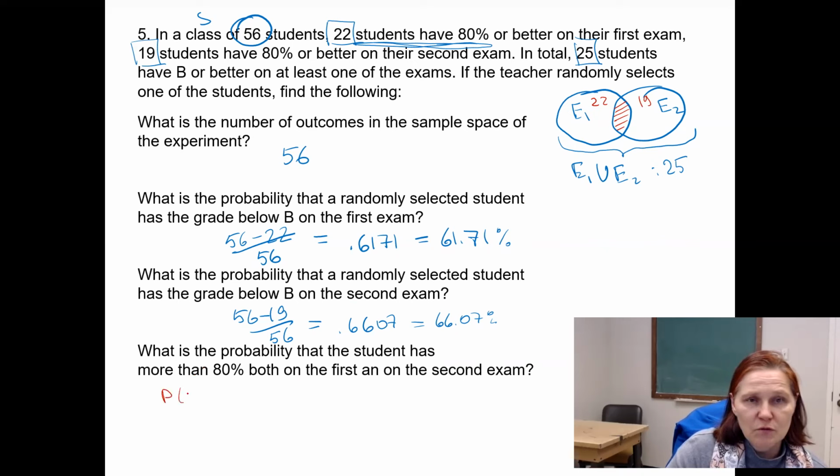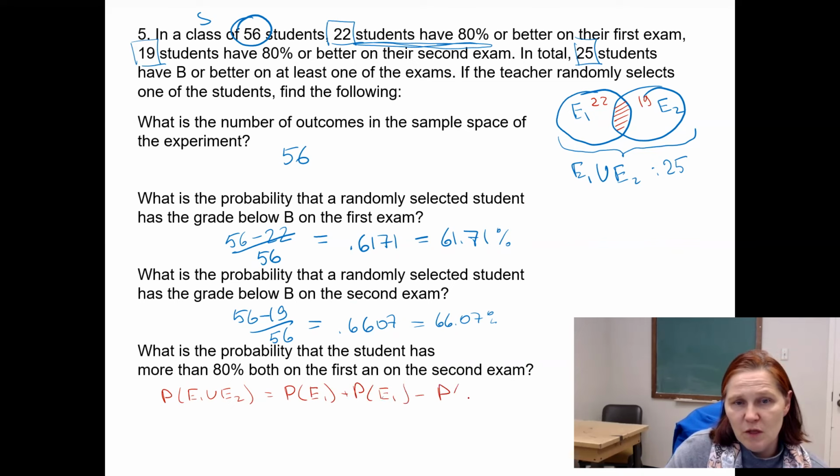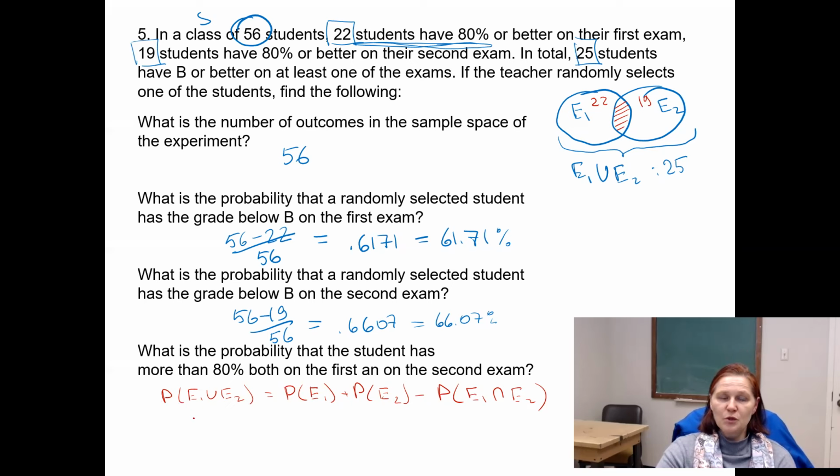The probability of the union equals the probability of the first event plus the probability of the second event minus the probability of the intersection. The probability of the union is 25 over 56. The probability of B or A on the first exam is 22 over 56, plus 19 over 56, and we want to find this probability of intersection.